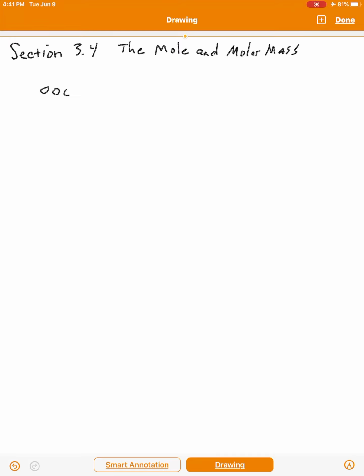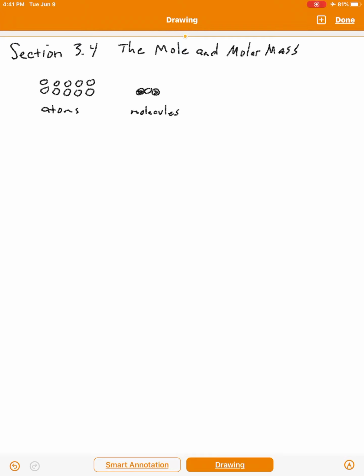Matter is comprised of tiny particles which are called atoms. And combinations of these atoms, I'll shade in the ones on the outside to indicate they're a different type of atom than the one in the middle, are called molecules.